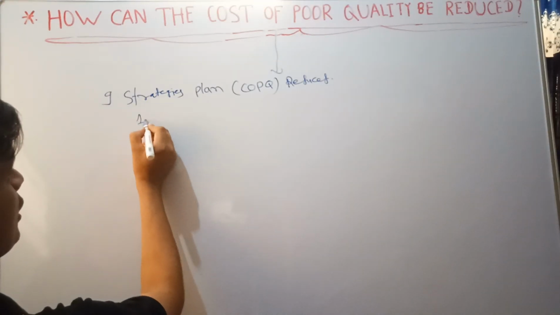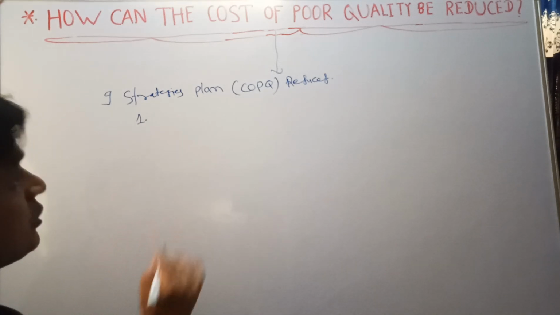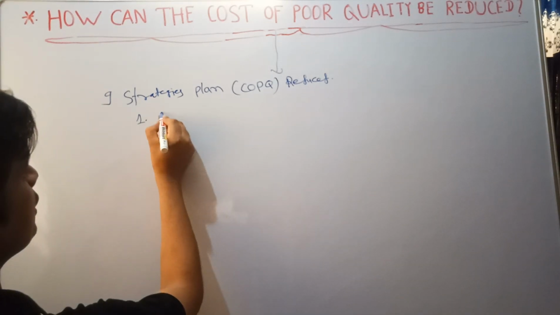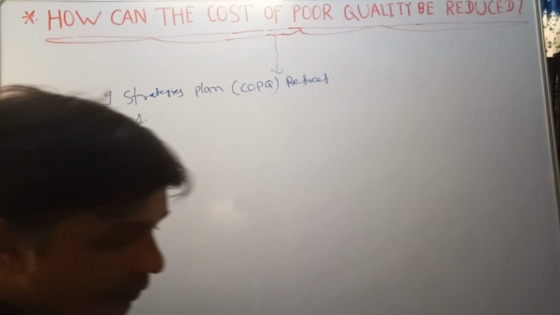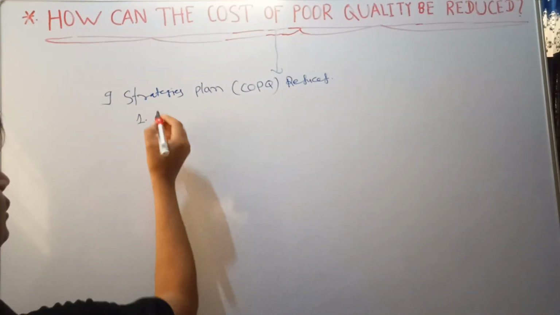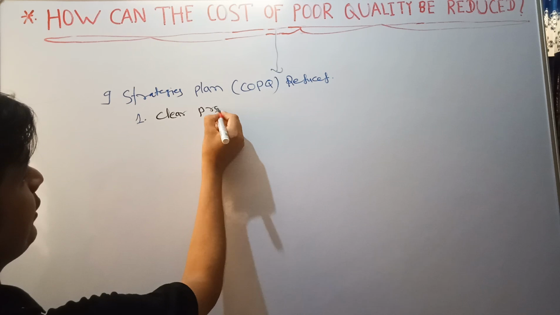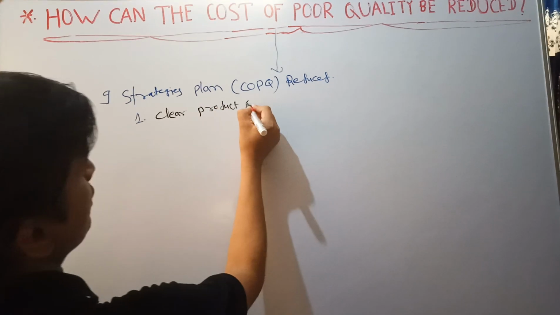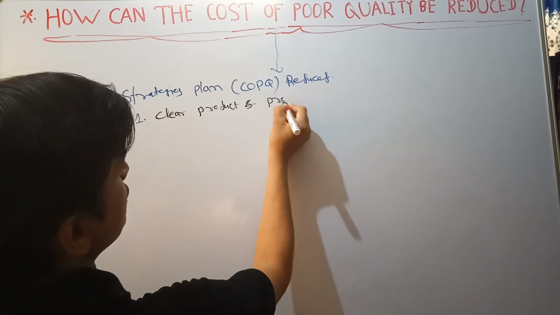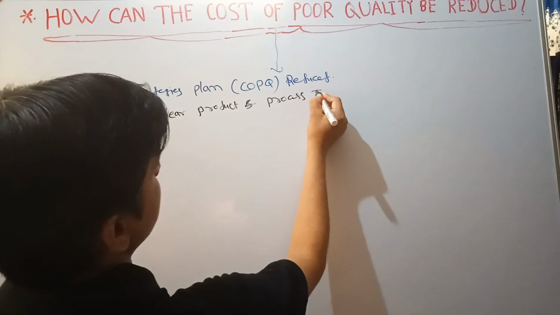First, the step for reducing the cost of poor quality is clear product and process traceability.